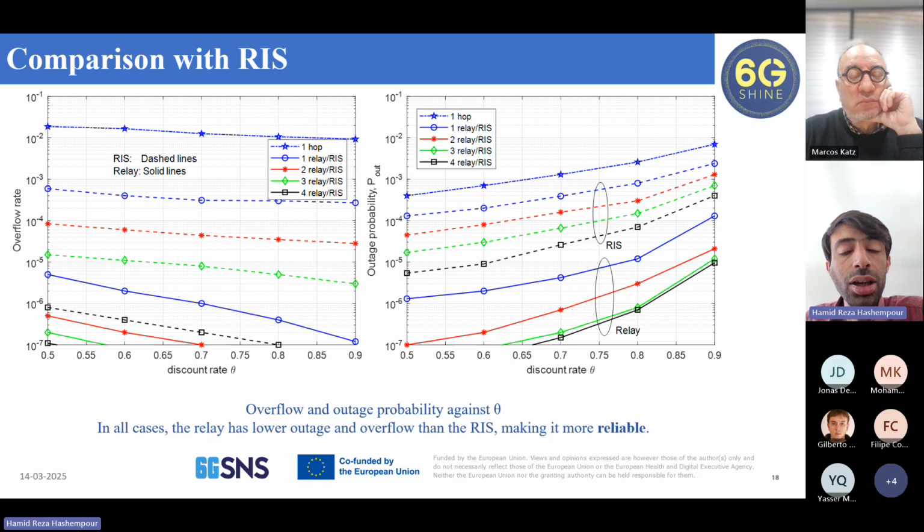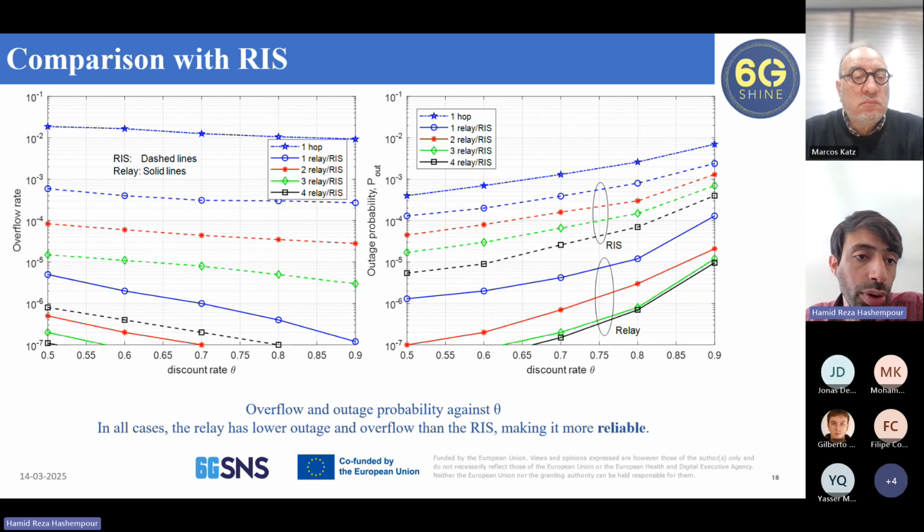The reason is related to the active devices used in relays. But in the RIS scenario, we used passive elements, so we don't have any capability for amplifying the signals. So that's the benefit of using relay for having more reliable links for transmission.